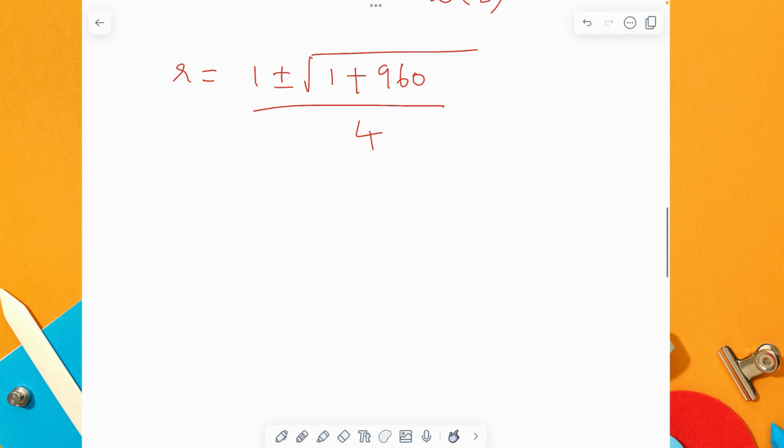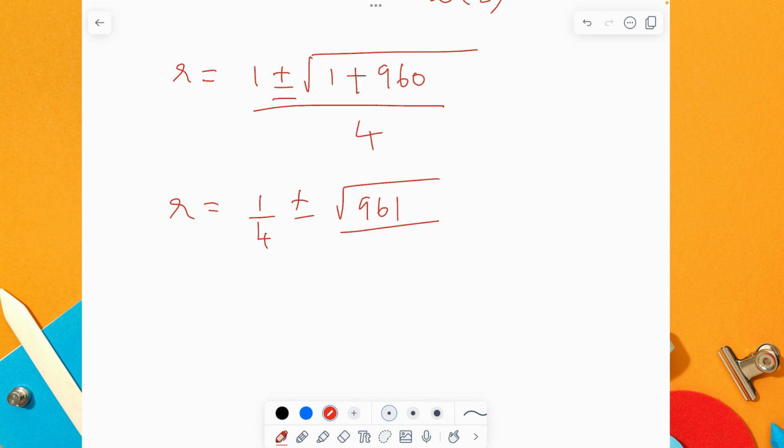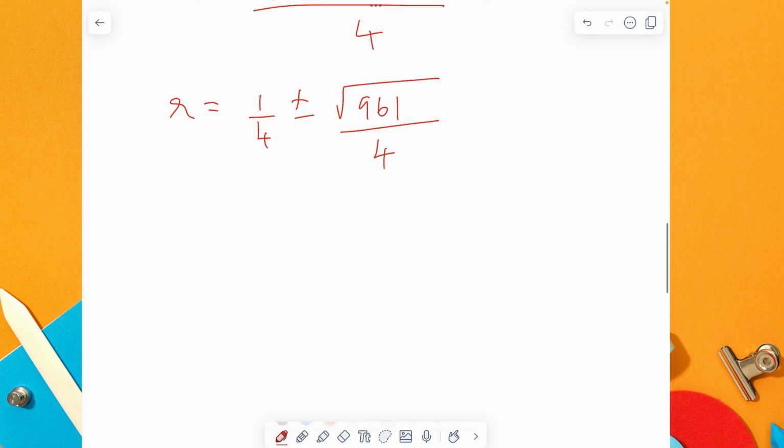Splitting the values, R is equal to 1 by 4 plus or minus root of 961 divided by 4. 1 divided by 4 is 0.25 plus or minus root of 961 by 4, which we get as 7.75 using the online calculator.